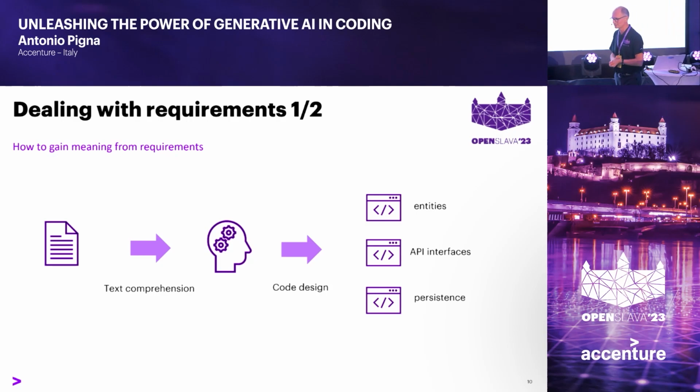How can you develop code normally, usually? You start from a requirement, which is actually a text.